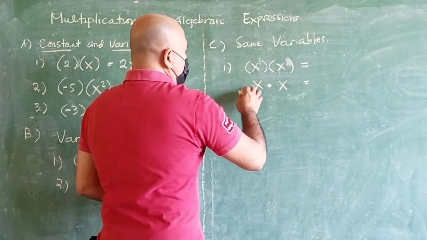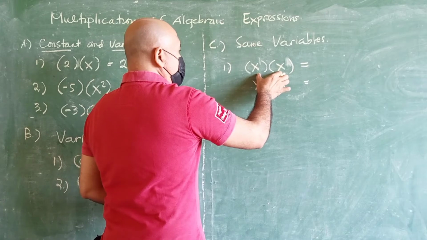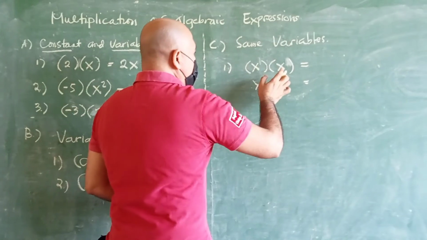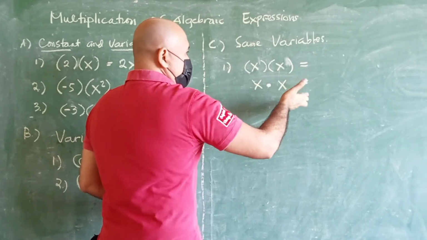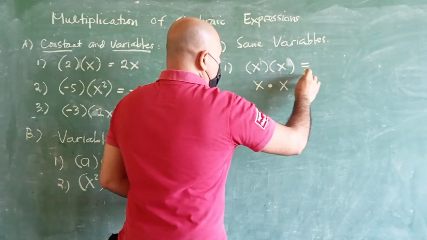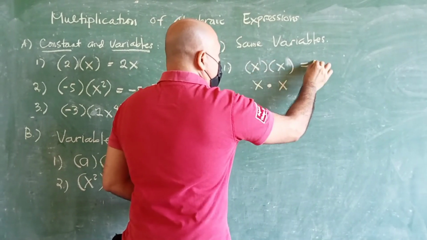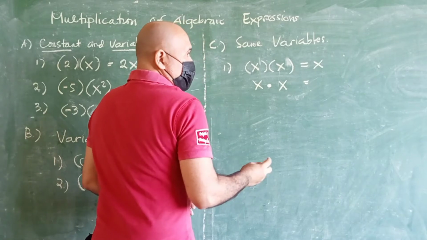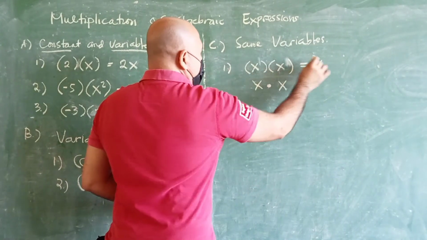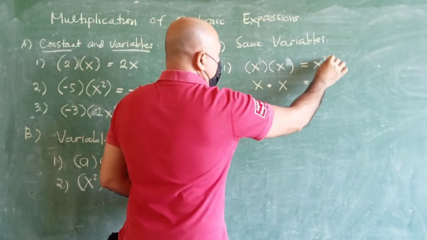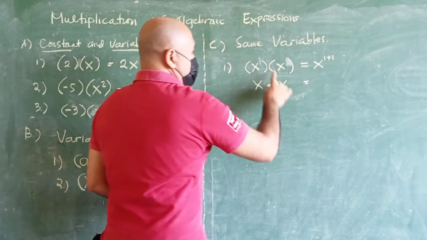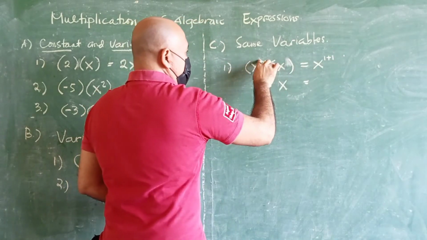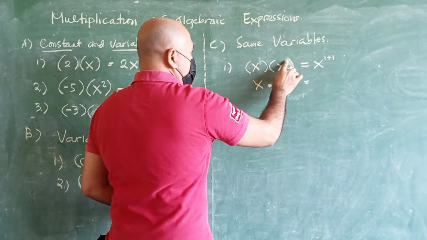So what you will do if you are multiplying two of the same letters or variables, or more than one, but the variables are the same, is just copy a single variable and then add the first exponent plus the second exponent, the exponent of the first x and the exponent of the second x.